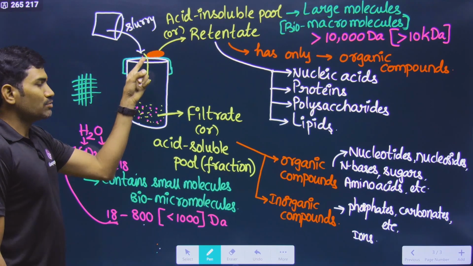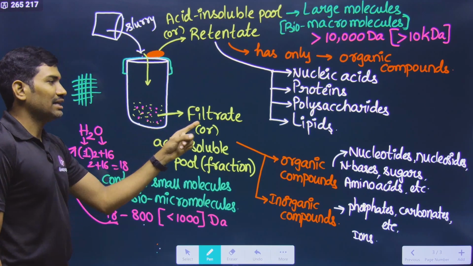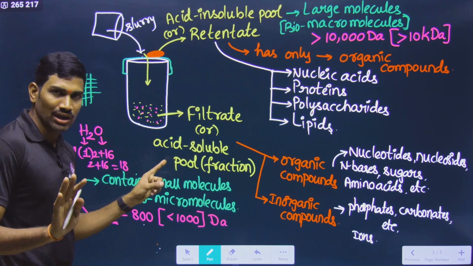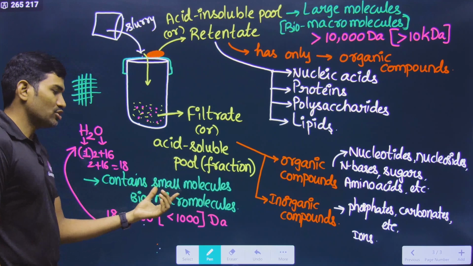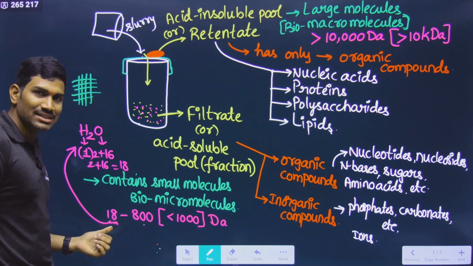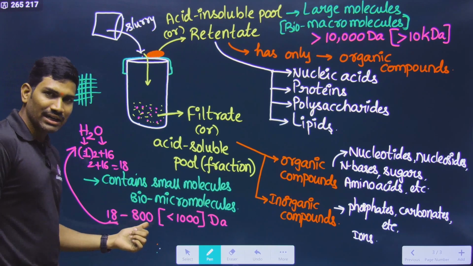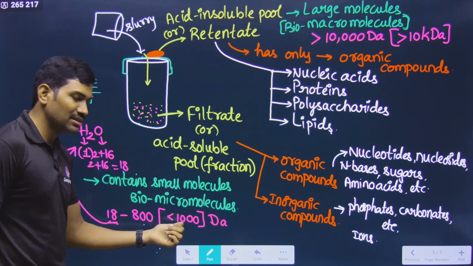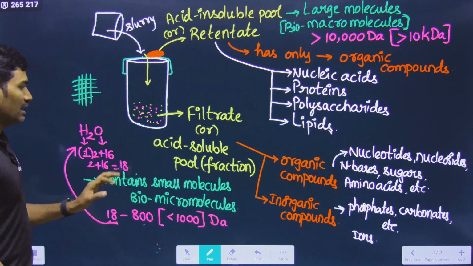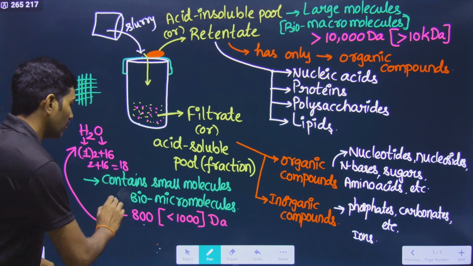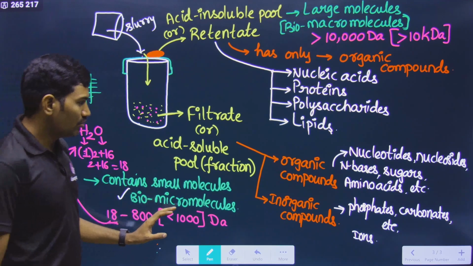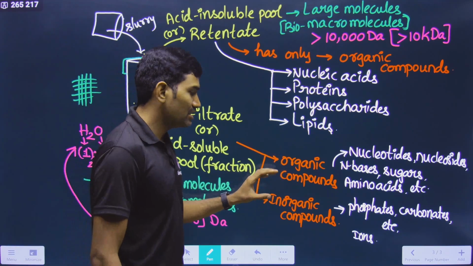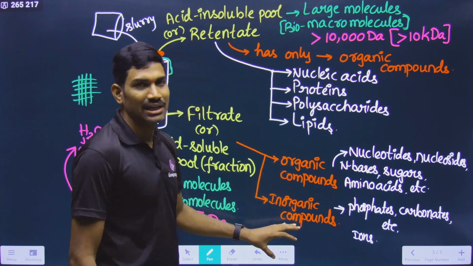The content that passes through the cheesecloth is called the filtrate or acid soluble pool, and this has small molecules of size range 18 to 800 Daltons, or in simple terms less than 1000 Daltons, and these are called biomicromolecules. These include both organic and inorganic compounds.